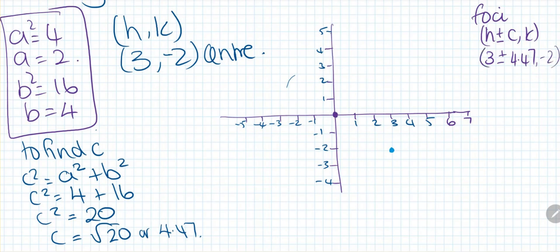So we're looking at the coordinate 7.47, minus 2, and the coordinate minus 1.47, comma minus 2.